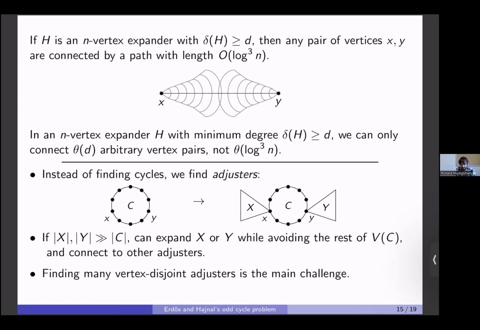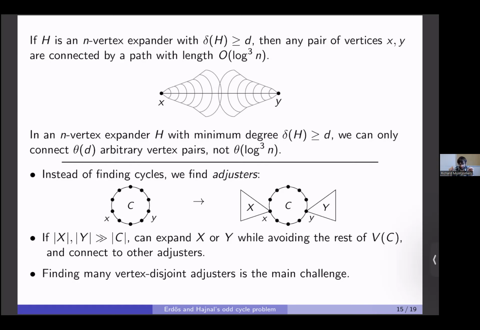So instead of just the vertices x and y, we find at the same time some large subgraphs X and Y stuck on, which have relatively low diameter and which are quite large compared to the cycle C. So in particular, if the size of X and Y is much bigger than C, then we can do this expansion around the set X instead of the vertex x. And that way we can avoid the rest of the vertices of the cycle.